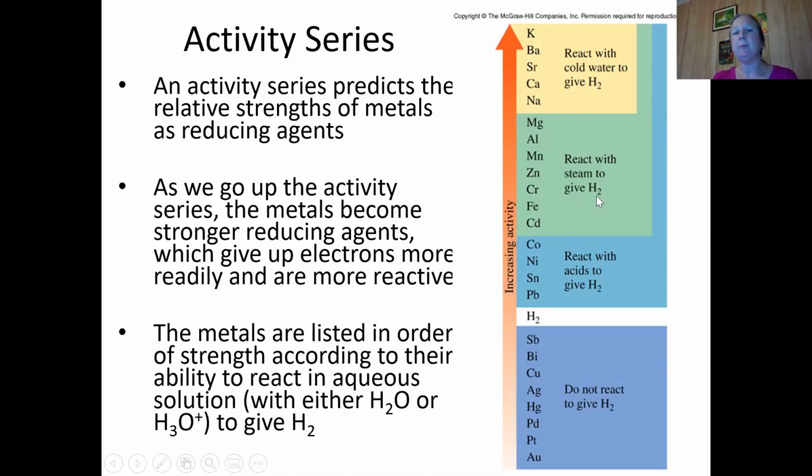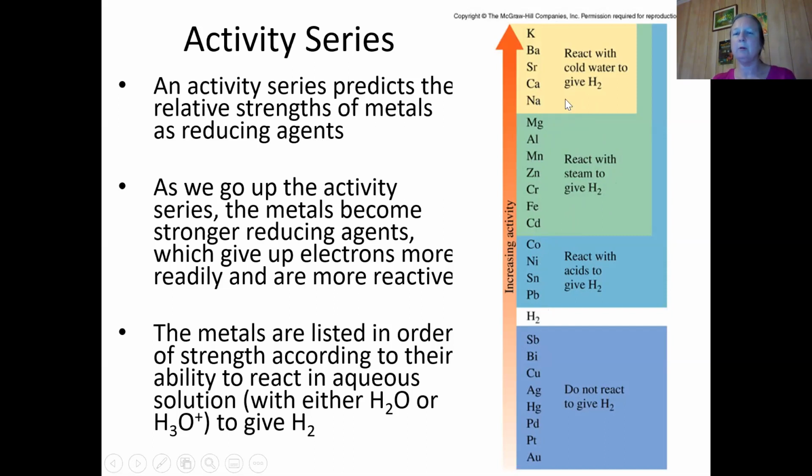If you have to add some heat to make this happen, so you have steam, you have very, very hot water, so what we've done here is we've added heat. That's the next level of strength of reducing agent. So what you do is you test each of these elements.